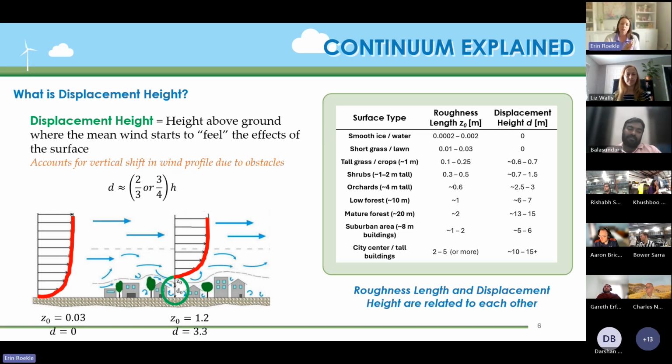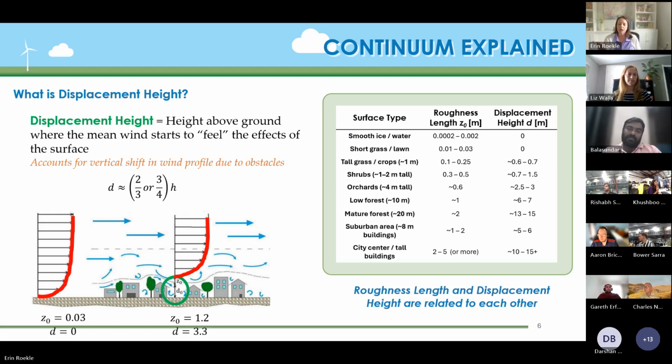Bringing in some more of these figures, if we have a 0 displacement height, our profile starts right at the ground, right at 0. But if we add in a lot of obstacles and things around it, we're basically bumping up the surface where the wind starts to feel the effects a little bit higher. So we have to account for all of these obstacles on the surface that are going to be impacting the wind speed as we go up in height.